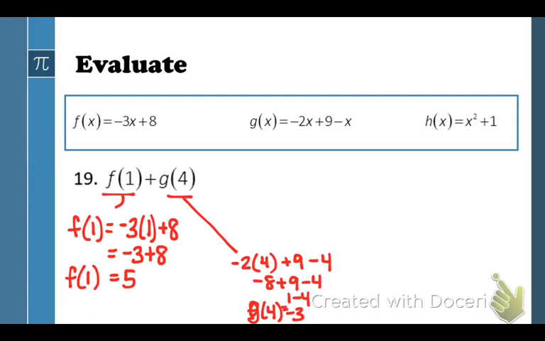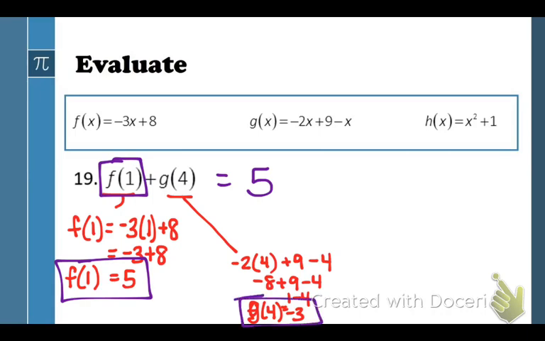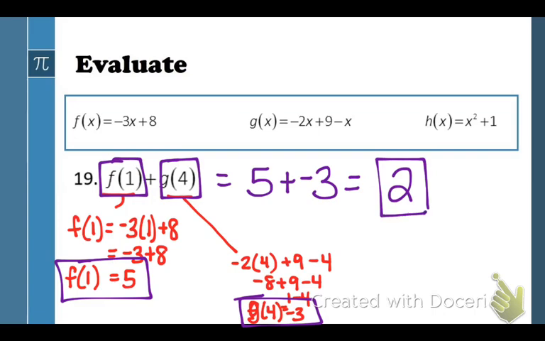So back up here, f of 1 we know is 5. g of 4 we know is negative 3. What is 5 plus negative 3? Or 5 minus 3, which is 2, is my final answer.